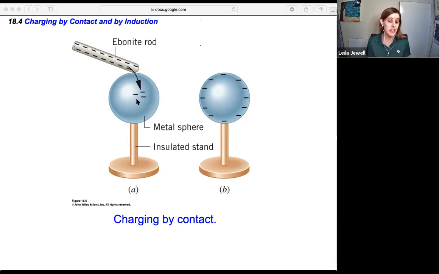And sure enough, that's exactly what happens. All of the electrons move as far away from the others as possible. And they stay there even after we take the rod away. We've now charged the metal sphere with this net negative charge, with all of the excess charge on the surface of the metal sphere, as far away from the others as possible.